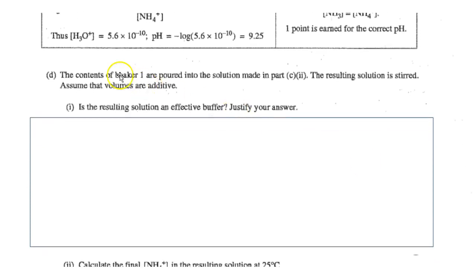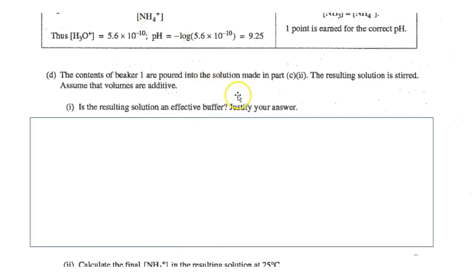Now they're going to take beaker 1, which is hydrochloric acid, and pour it into this ammonia-ammonium mixture, 1-to-1 mixture, and they stir it. Is it an effective buffer? Well, if you haven't had the buffer unit yet, don't do it. But if you have, you should know that you did have a nice buffer, a weak base and its conjugate acid, nice.